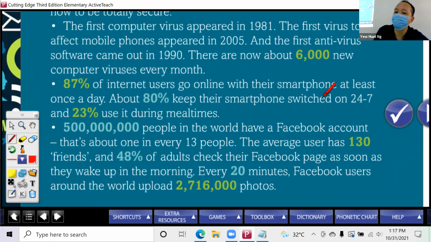How do I read this? Read this for me. Wrong. No, we read this as 24/7. We don't need to say 2, 24/7.